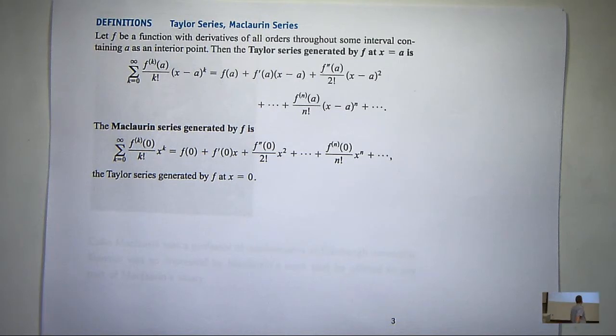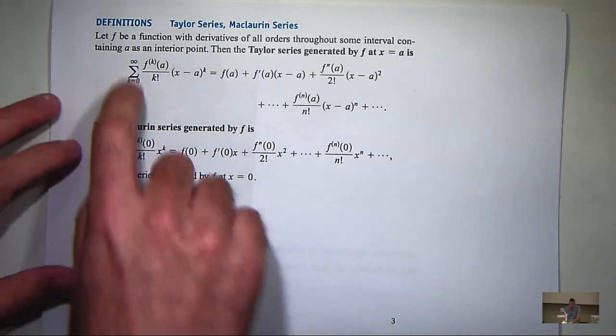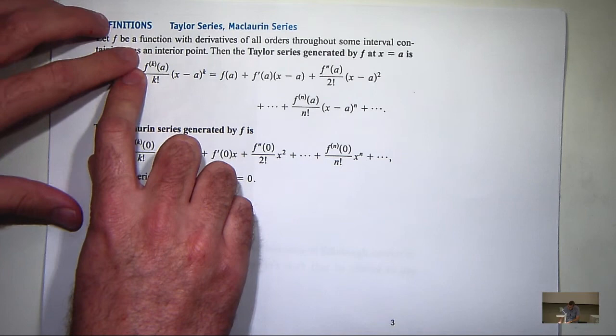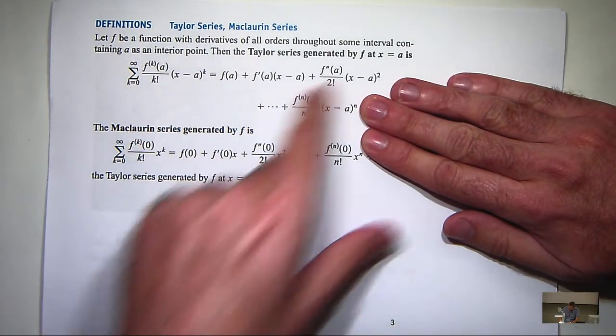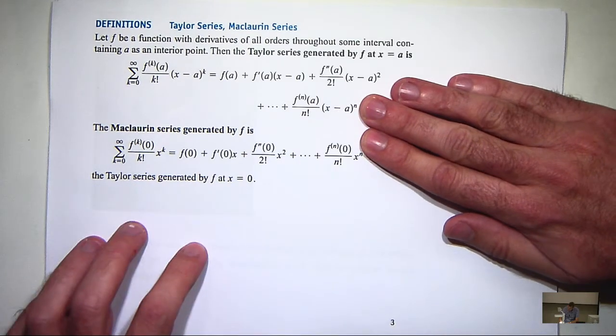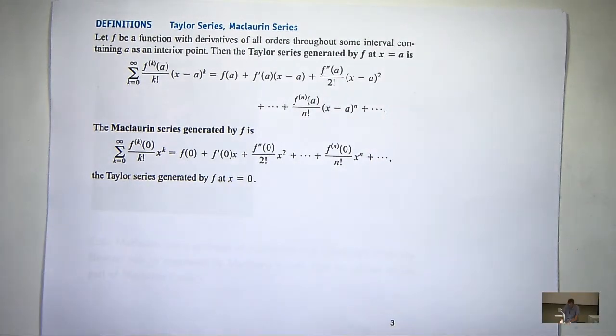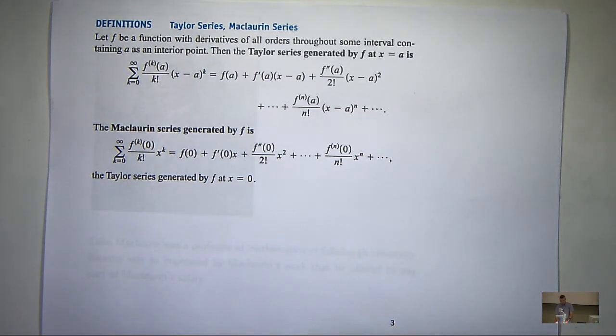For Taylor polynomials of order n, instead of an infinity sign up here, you had an n, and you would stop there. You would have this sort of polynomial here, and you'd stop. But here, we just keep on going. We're just adding things together. Just keep on going, right? Do we get something meaningful? And if we do, we get the function that we're actually differentiating, etc.?